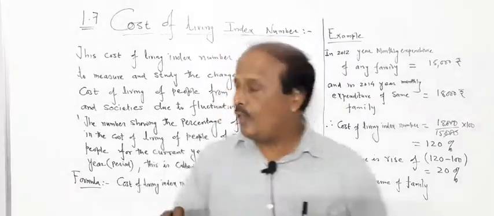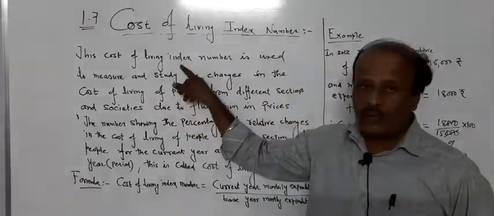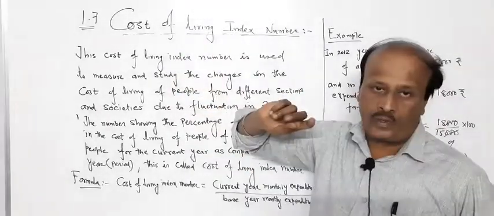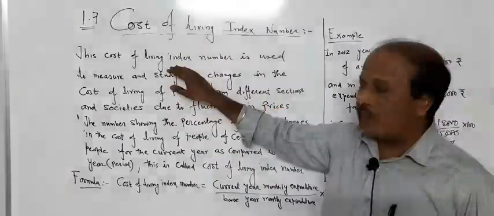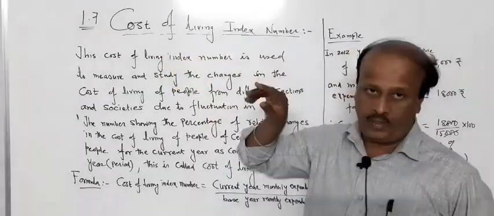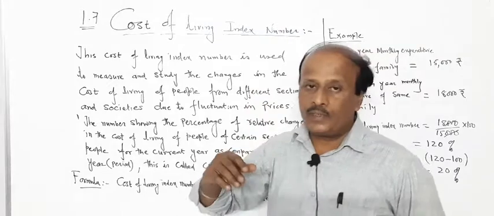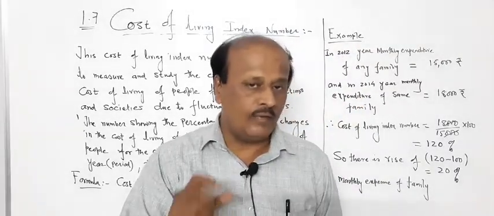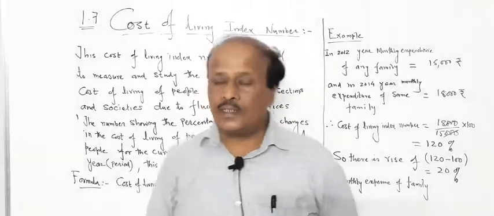So first of all, what is the cost of living index number? For a common student, this topic plays a very important role. Even those who are attached to the commercial world should know about it. For example, different states have different cost of living index numbers that show the living standard of that particular state.